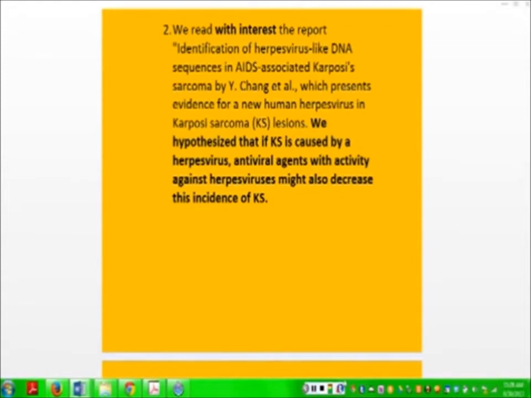Now, this is one way of doing it. We hypothesize that if KS, which is Kaposi sarcoma, is caused by a herpesvirus, antiviral agents with activity against herpesviruses might also decrease this incidence of KS.